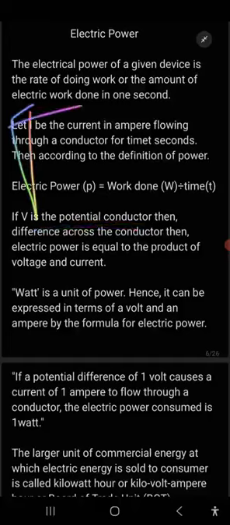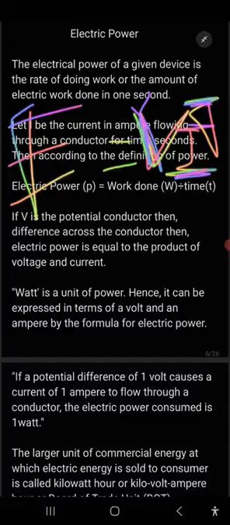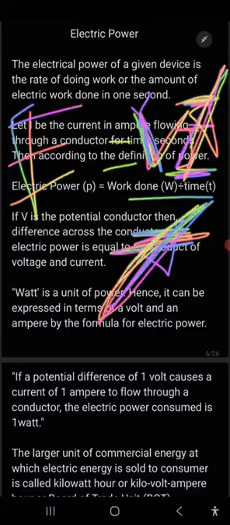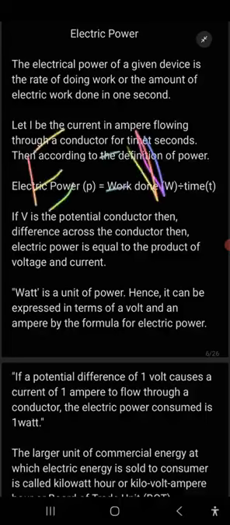So work is V into I into t, where t is time. What happens here? The time cancels out. And what do we get? We get P equal to V into I.